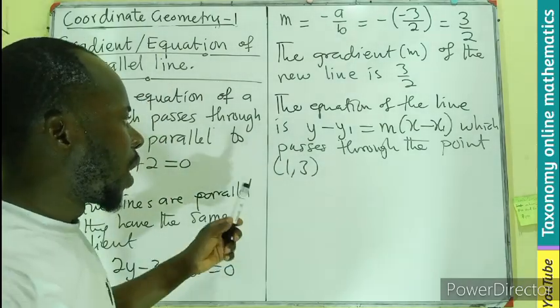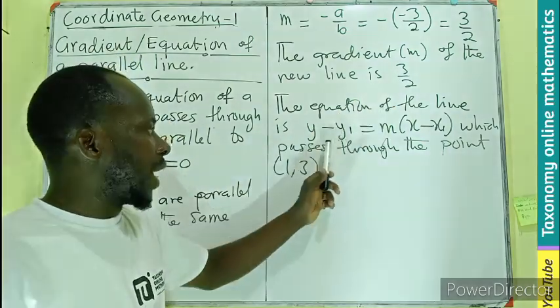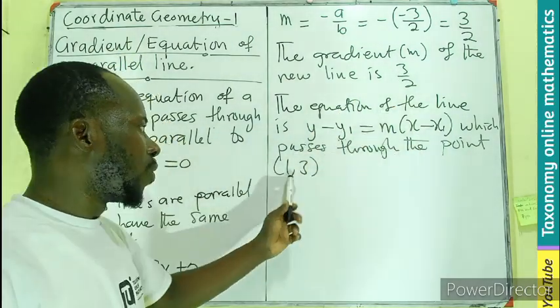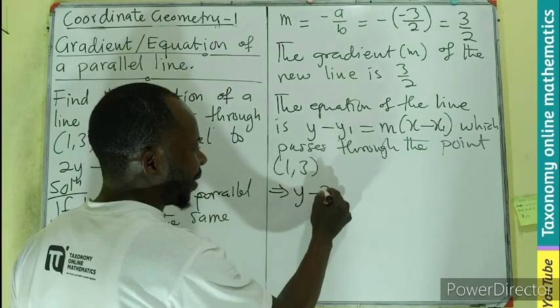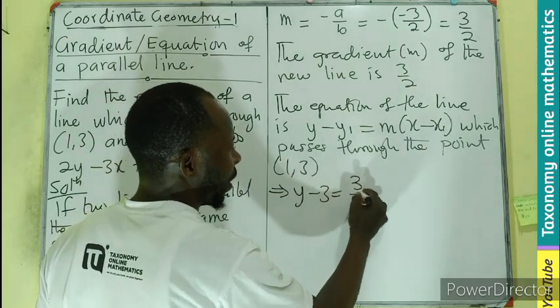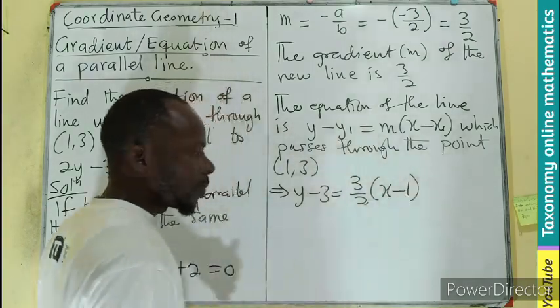So what are we going to do? We are only going to do substitution. The m will take this, the y will take this, and the x will take this. So it implies that y minus 3 equals 3 over 2 times (x minus 1).